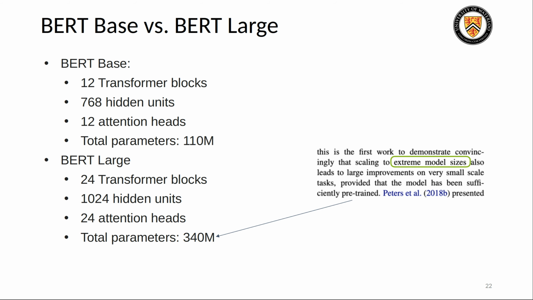However, with the continuous scaling of language models, we have seen even larger models being developed, such as GPT-3, which has 175 billion parameters, about 500 times more than BERT Large. Both models are pre-trained on large corpora of text data, such as Wikipedia and the book corpus, using two unsupervised learning objectives: masked language modeling and next sentence prediction.